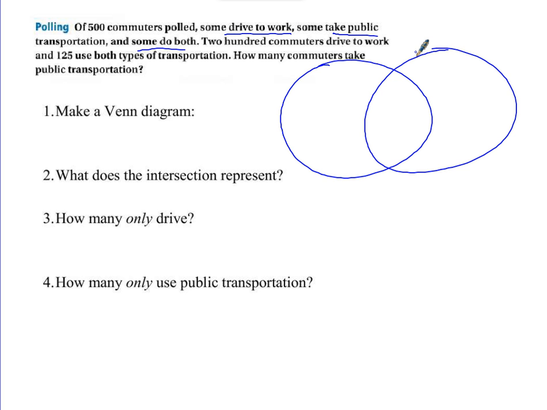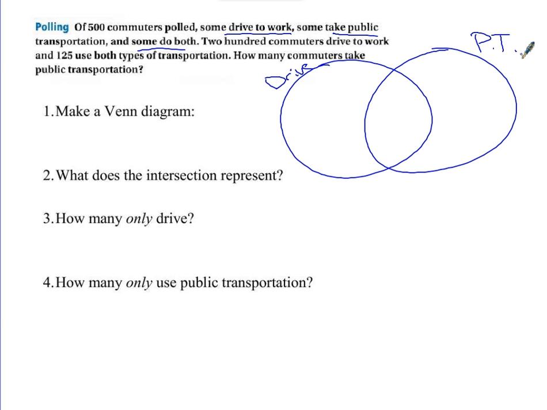Okay? Now what are these 2 circles? What's the left one? Drive, yeah. People who drive to work. What's the other one? Public transportation. I'm just going to abbreviate that PT. Now they give us some information here. It says 200 people drive to work.